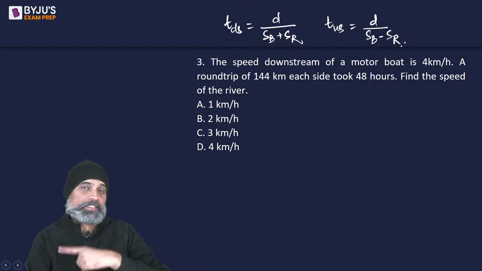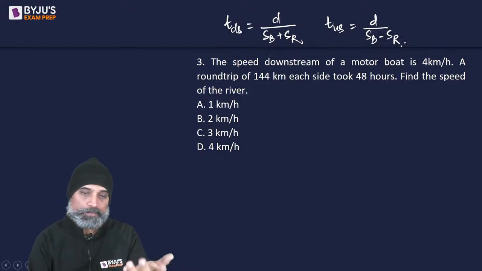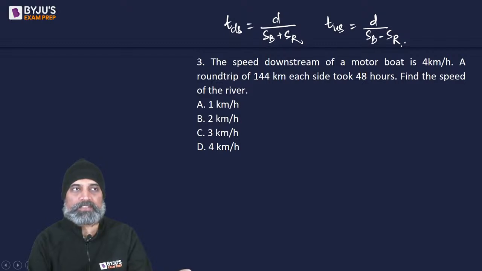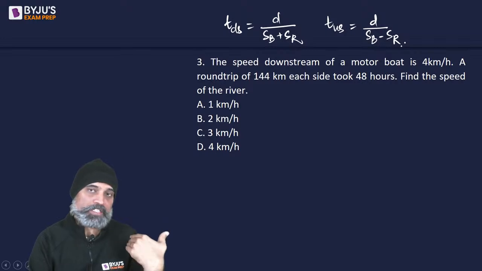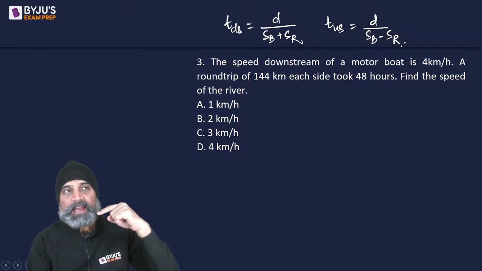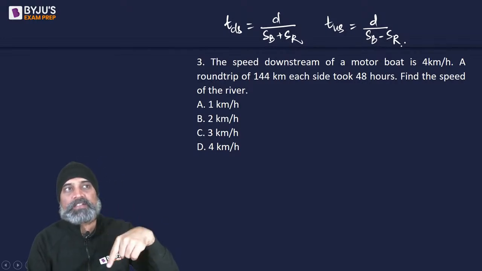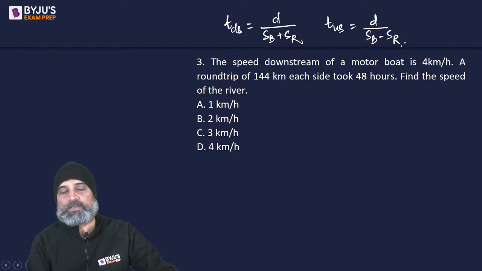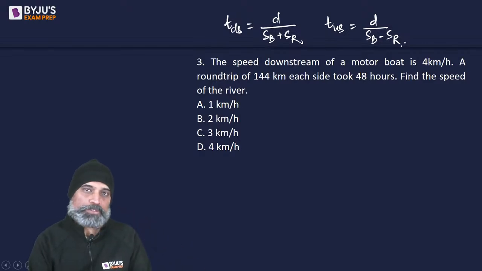Now it says it's both ways, right? It's a round trip. So on one side the boat covers a certain distance, and coming back it also covers the same distance. And one side, I guess, is downstream, the other side is going to be upstream, or vice versa.